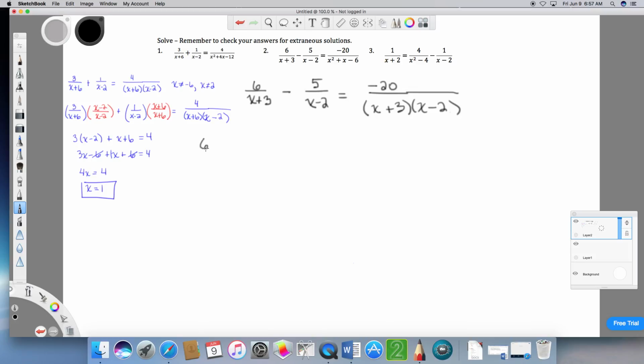So in this first term, I multiply by the number 1, but I write the number 1 as x minus 2 over x minus 2. When the numerator and denominator are the same expression, that simplifies to 1.